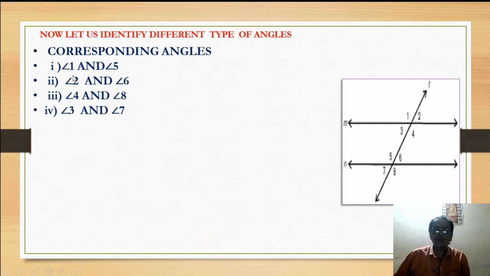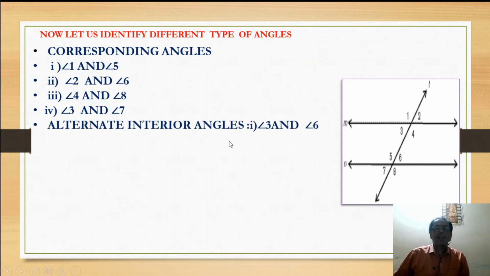Or otherwise you can remember like this: angle 1, angle 5, angle 2, angle 6, and angle 3, angle 7, and angle 4, angle 8. Anyhow, by seeing these positions we can write the corresponding angle pairs. So altogether we have 4 pairs of corresponding angles in this figure. Only one transversal is there, just keep in mind, children.